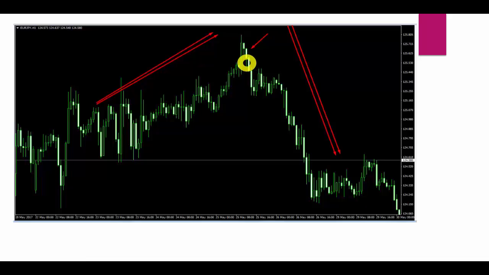It is not the classical one, but it is a three black crows pattern because the third candle has no lower shadow and is bigger than the second candle. After that the market took some retracement to the third candle. This high point would be our stop loss, and you can see the market came down easily.